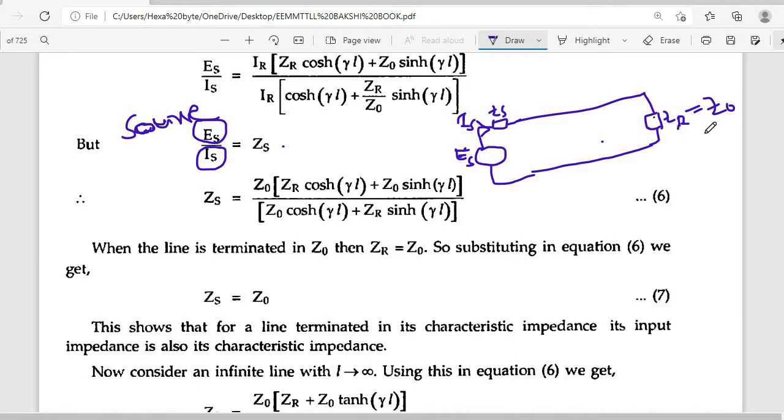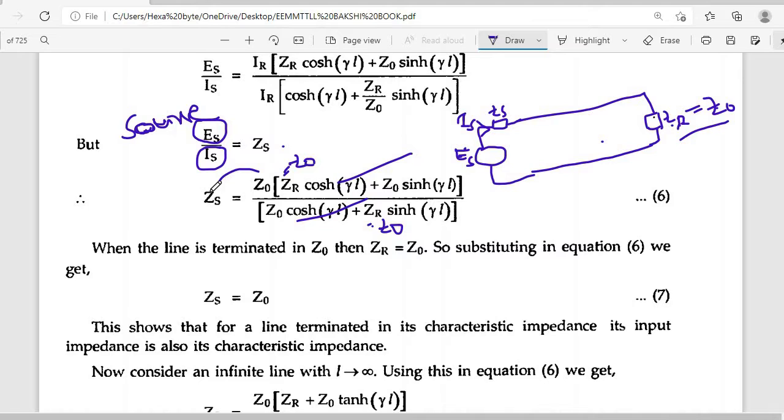Then it is terminated, ZR is equal to Z0. Substituting in equation 6, we get ZS equal to Z0, since the terms cancel. This is Z0 cosh gamma L plus Z0 sinh gamma L in numerator and denominator, so it is going to be Z0. Receiving impedance is equal to Z0, then this whole term cancels.